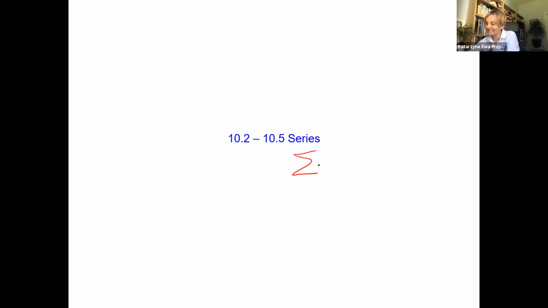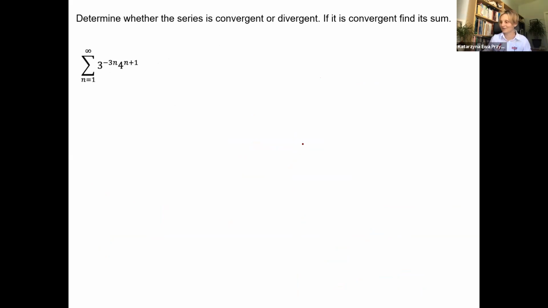Now, finally, we can talk about the sigma summations, infinite series. One of the easiest questions, to recognize the type: determine whether the series is convergent or divergent. If it is convergent, find its sum. If I ask for the sum, what type of infinite series will we have in front of us?